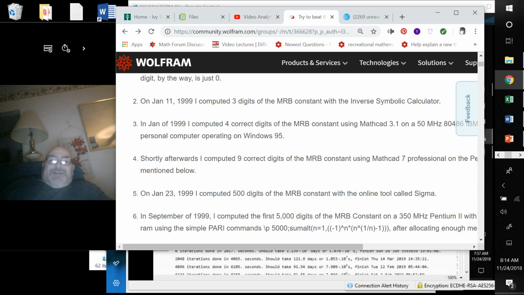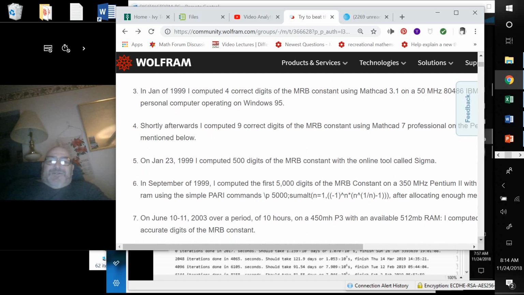It had a way of using Pari to compute 500 digits of many sums, and the MRB constant sum was one of them. I didn't enter the formula exactly right, but I got the answer. It was negative of what I needed, but I understood that the digits were what I was after.